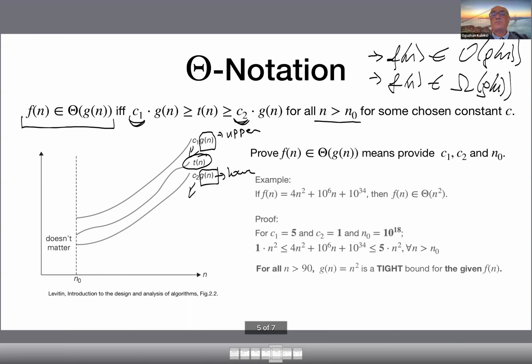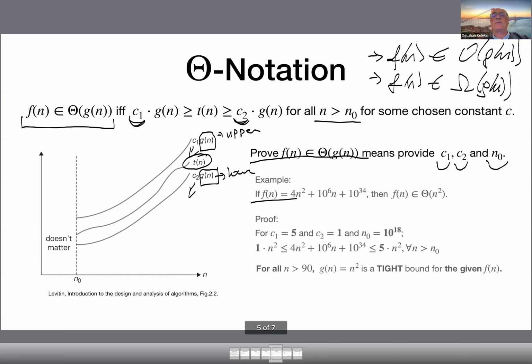That is why proving f(n) is an element in big theta g(n) means I will provide the c1 constant, the c2 constant, and the initial starting position.